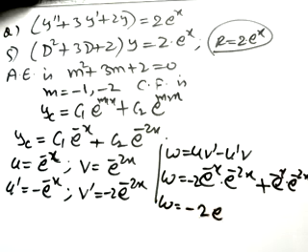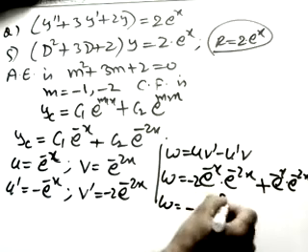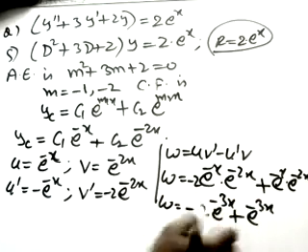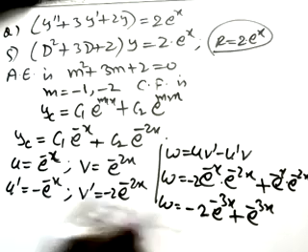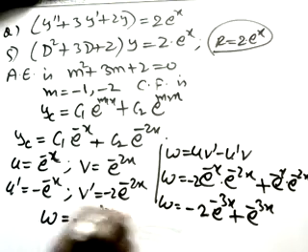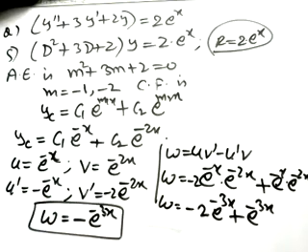So w equals minus 2 times e power (minus x minus 2x), that is minus 3x, plus e power minus 3x. Minus 2 plus 1 is minus 1. So w equals minus e power minus 3x. This is the value of w.